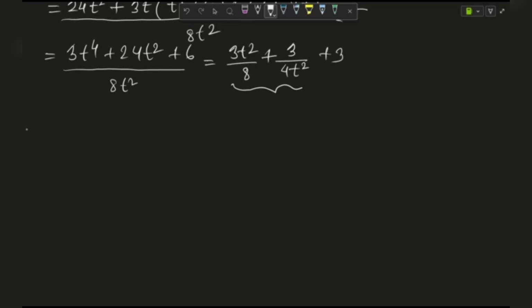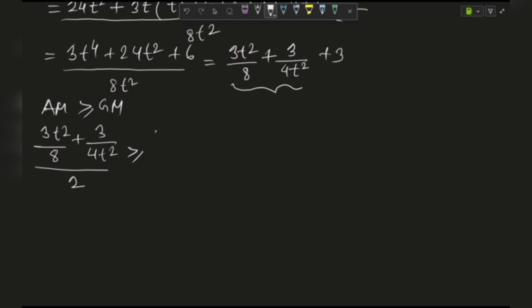We will directly apply AM greater than or equal to GM. So what we will basically have is 3t squared by 8 plus 3 by 4t squared, by 2, is greater than or equal to 3 by 8 t squared into 3 by 4 t square, to the power half.